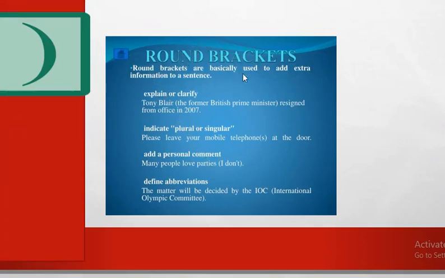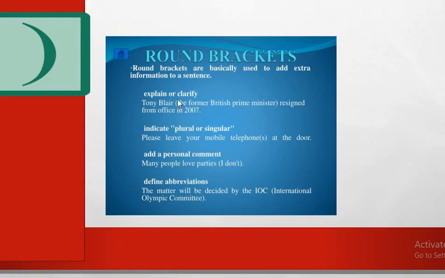Then round brackets. It is also one type of punctuation mark. Round brackets are basically used to add extra information into a sentence, to explain or clarify. Tony Blair (the British Prime Minister) resigned from office in 2007.